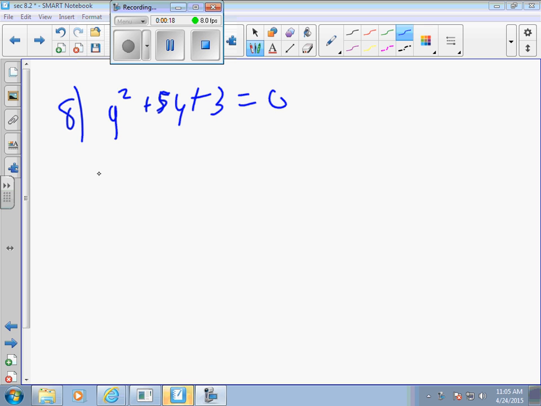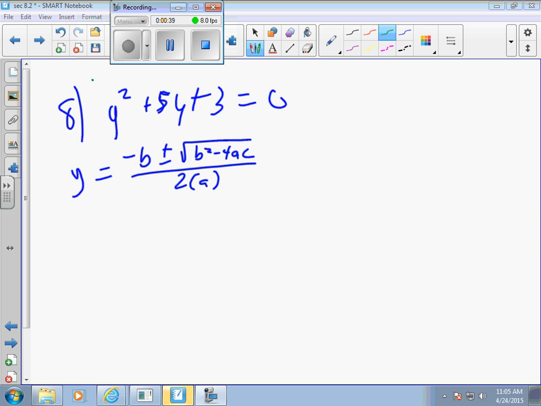We know our quadratic formula is, in this case, because our variable is y, y equals negative b, or the opposite of b, plus or minus the square root of b squared minus 4 times a times c, all over 2 times a. We know that our a in this case is 1, because there's no coefficient, it's a 1. Our b is 5, and our c is 3.